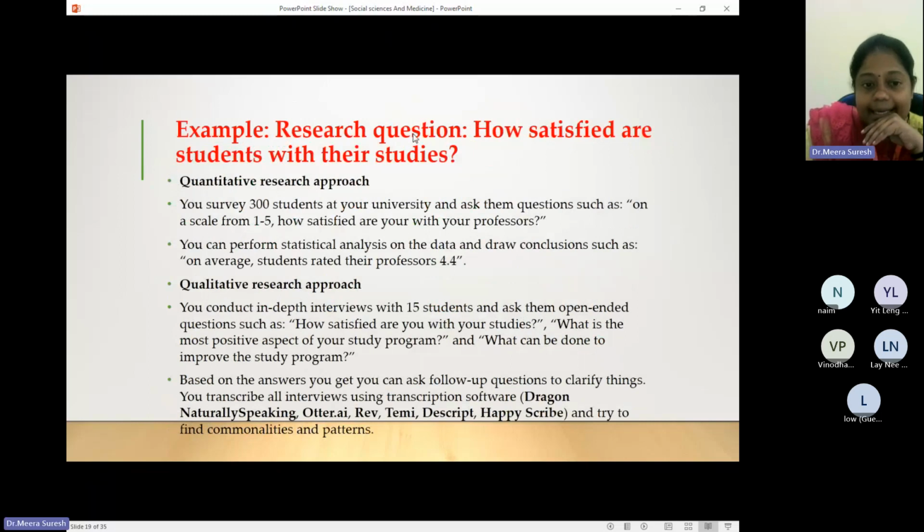So for the example, the research question is: how satisfied are students with their studies?